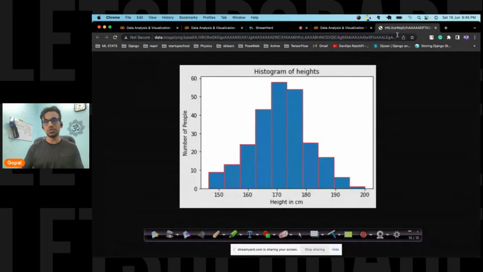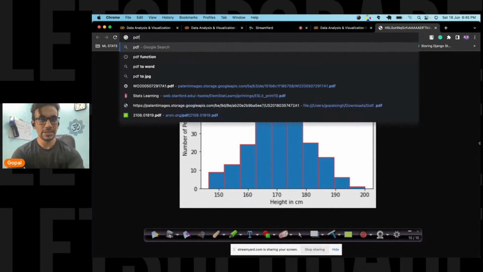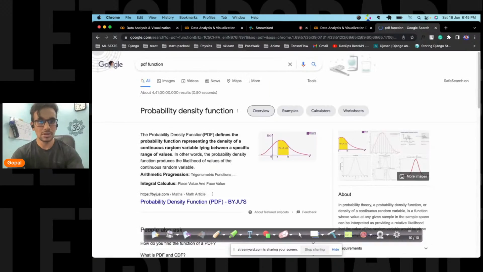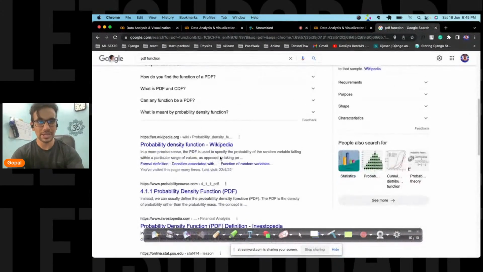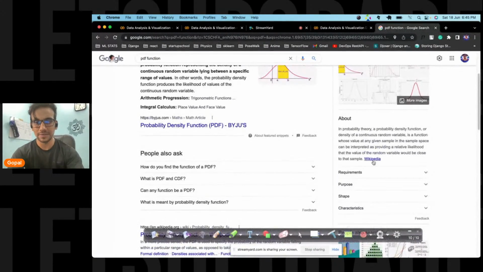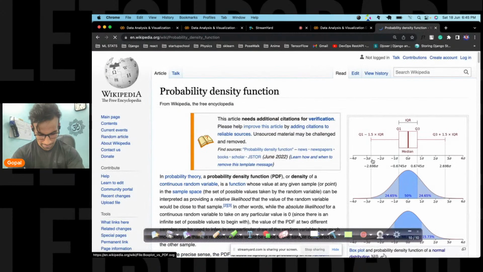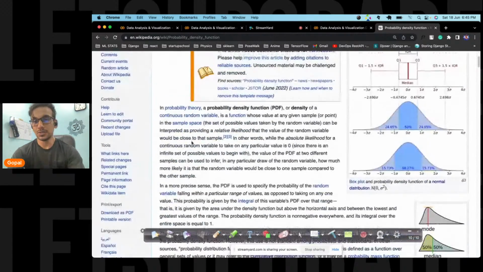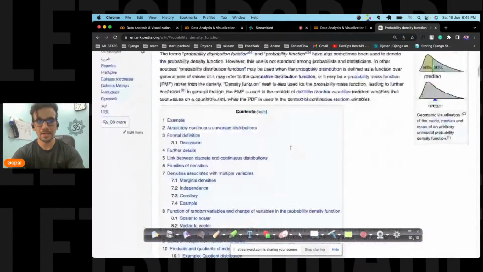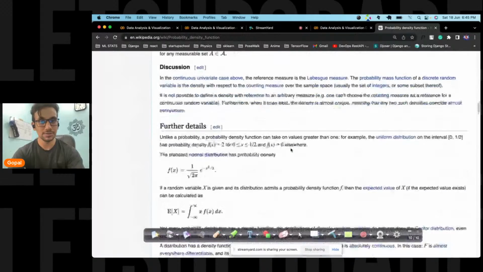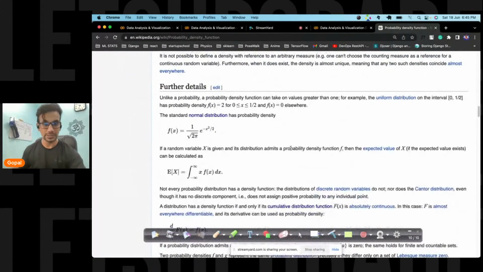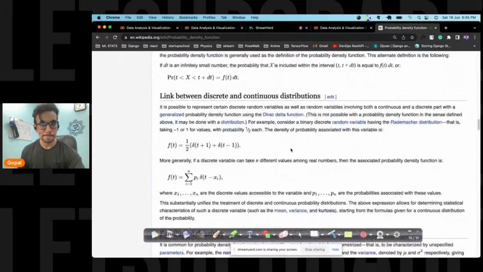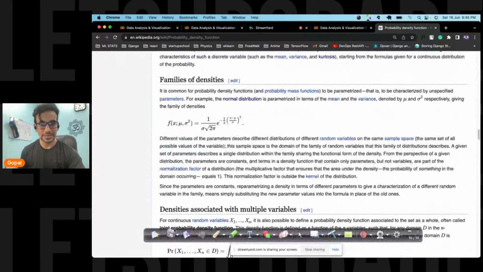So I can just show you the PDF function and let's see that in action on Wikipedia itself. Okay, this certain equation is your PDF function.